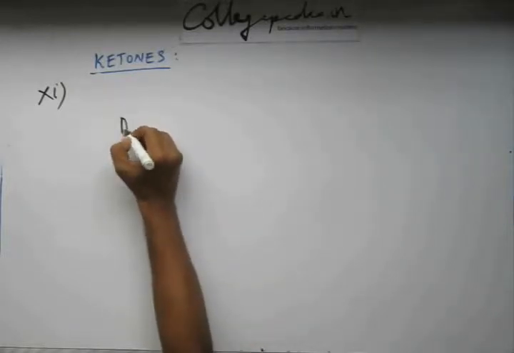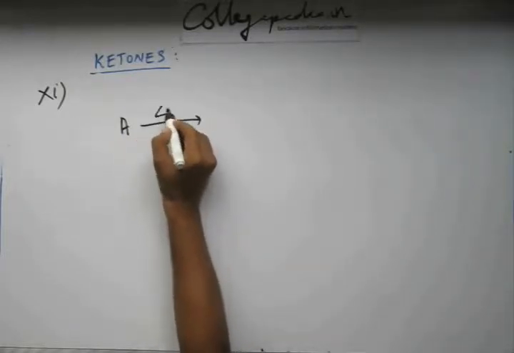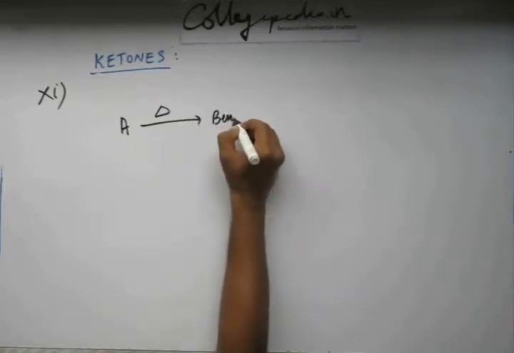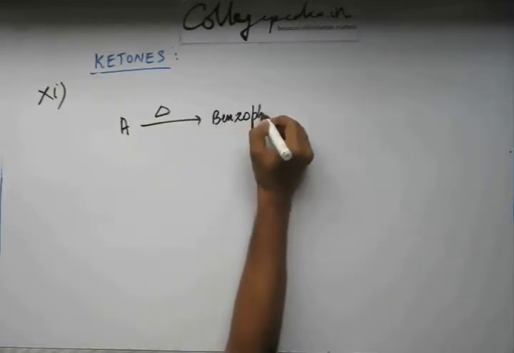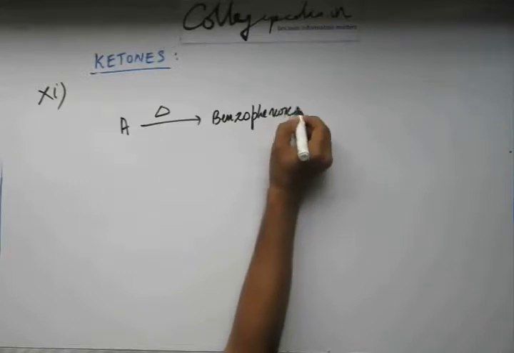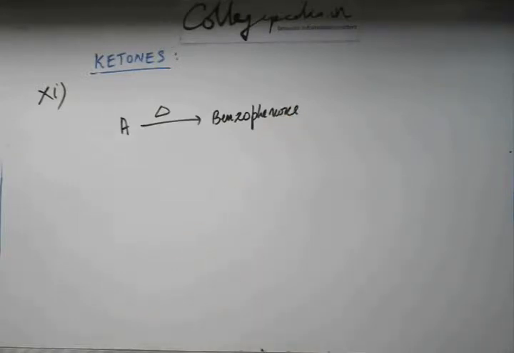Suppose I have A and I heat it. Then I get benzophenone. So the question is, what is A? You have to think of all the reactions in which you have taken only heat as the reagent.